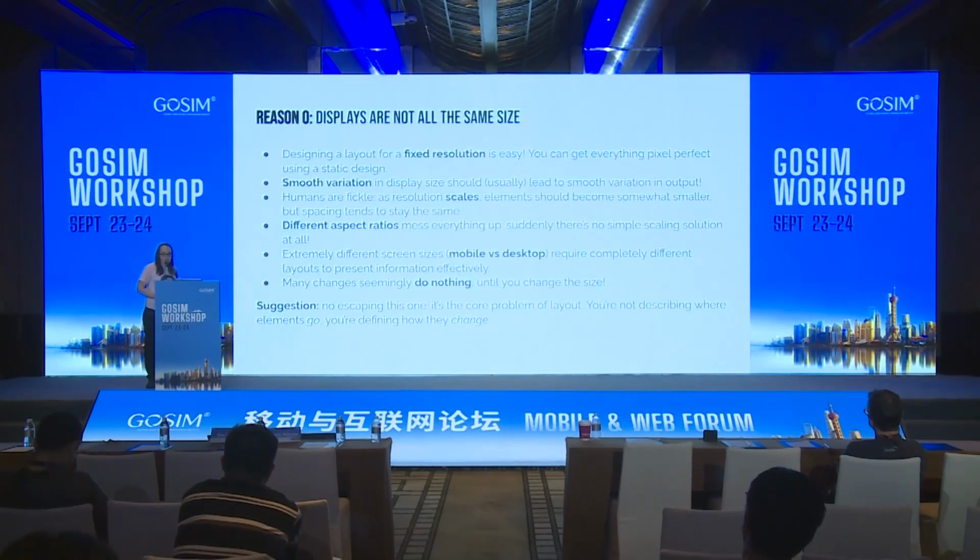So the fundamental reason why layouting is so hard is that displays are not all the same size, and secondarily, that content isn't the same size, and tertiarily, that the number of items in your UI may change dynamically.